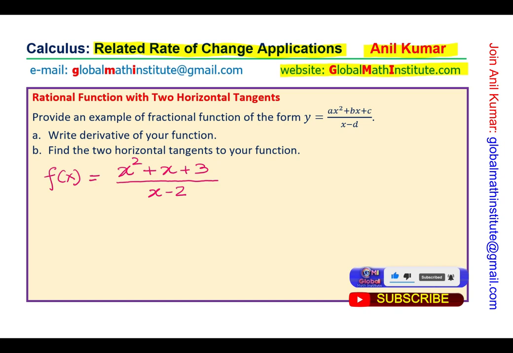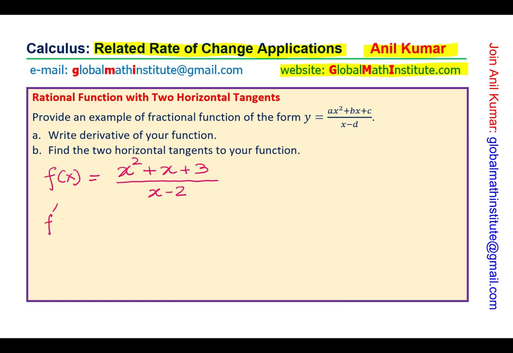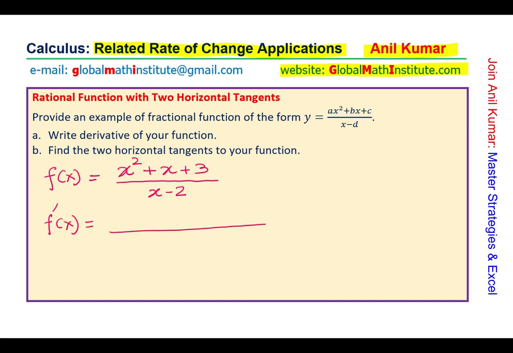First step here is to find the derivative of the function. So we can apply the quotient rule to find the derivative. What we get is the denominator x minus 2 whole square, and in the numerator we have derivative of x squared plus x plus 3, and we're going to multiply that by x minus 2.